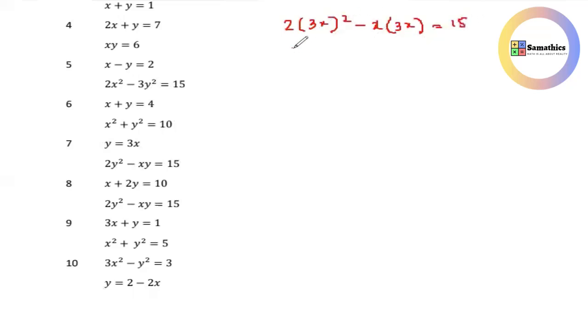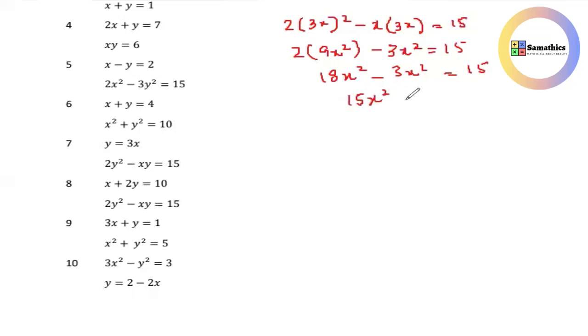So we have here 9x square, and here we have 3x square is equal to 15. So we have 18x square minus 3x square is equal to 15, and we can solve this. 18 minus 3 is 15. 15x square is equal to 15, and then we can solve it easily.